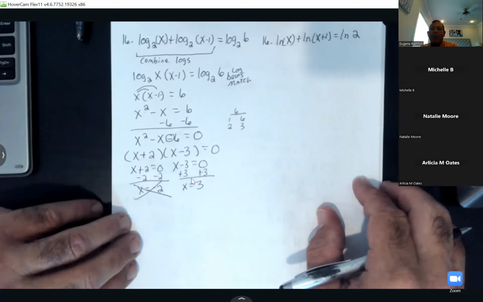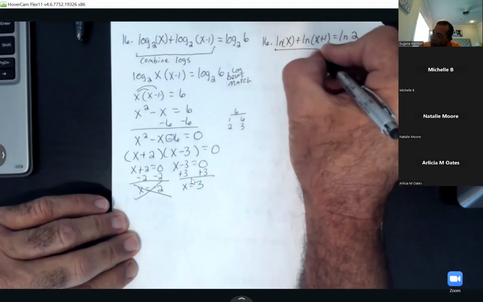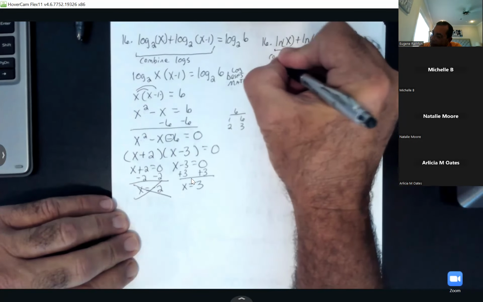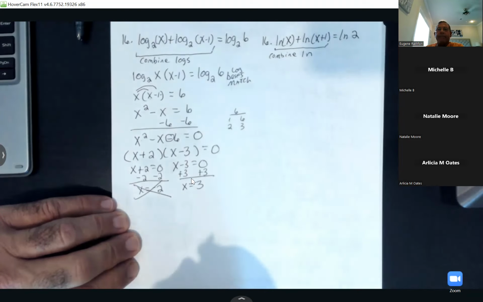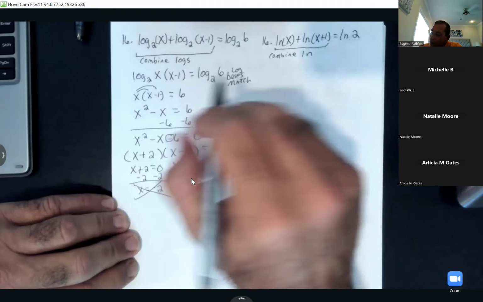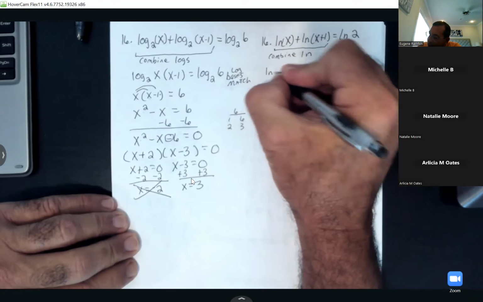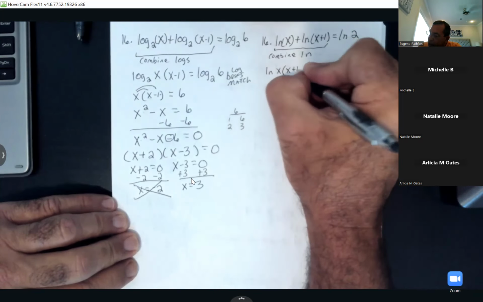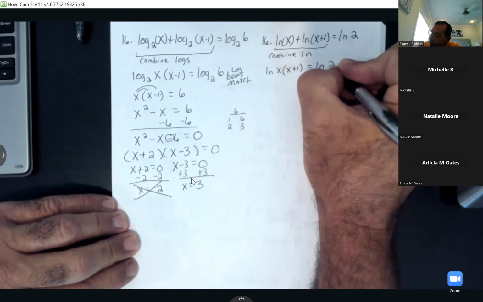So y'all, let's see what we're going to do with this LN. Well, the first thing we're going to do, we got 2 LNs over here. So we're going to combine LNs. They're being added, so they're going to look like a product. You're going to have an LN of your x times x plus 1 will equal your LN of 2.